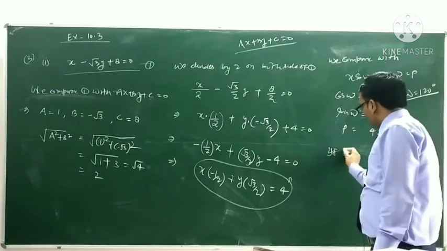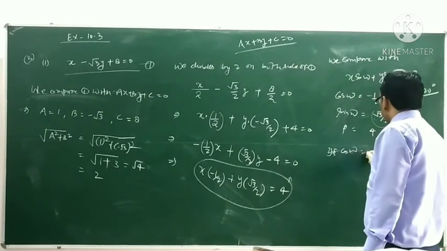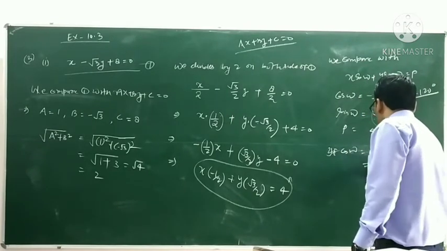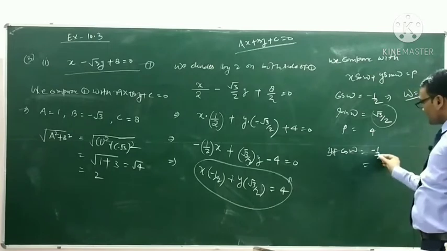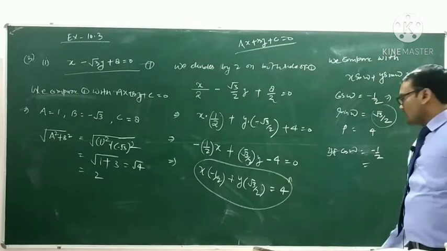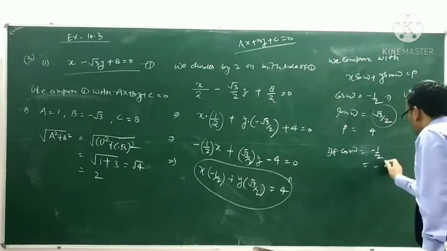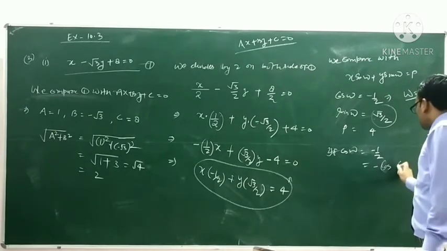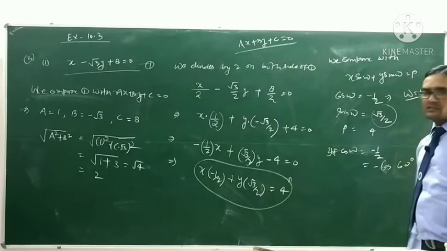If cos omega is equal to minus 1 by 2, this implies that minus 1 by 2 is also written as minus cos 60 degrees.